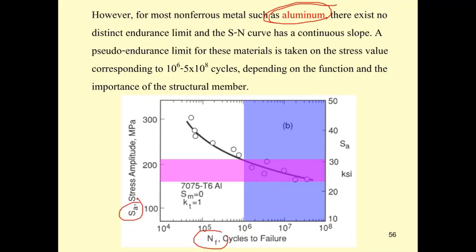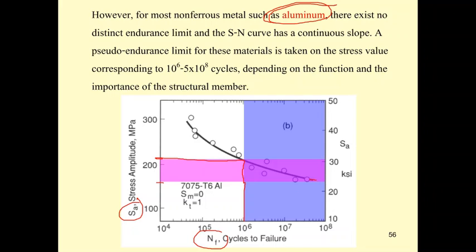How many repeated forces is it going to be subjected to during its life? For example, you expect this to take about 1 million hits of the stress. You can decide with the fatigue strength of 220.